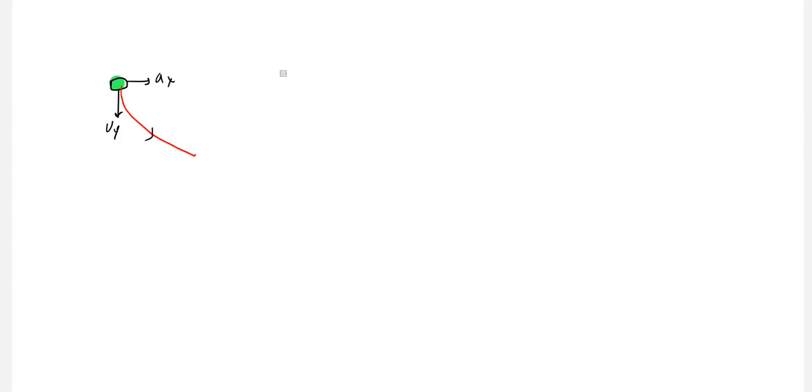Now similarly, if the particle is having velocity like this, and if acceleration is in this direction, the particle will deviate in this direction. This will be the path. This is called a path.